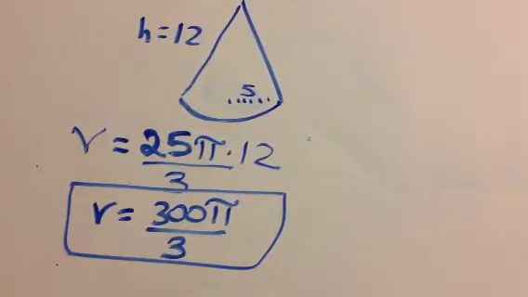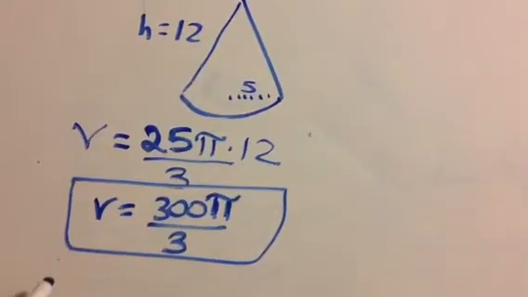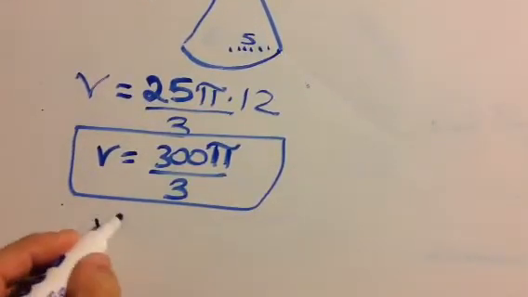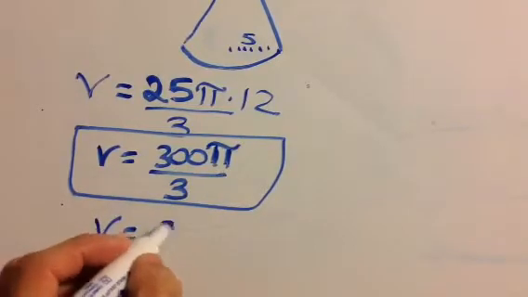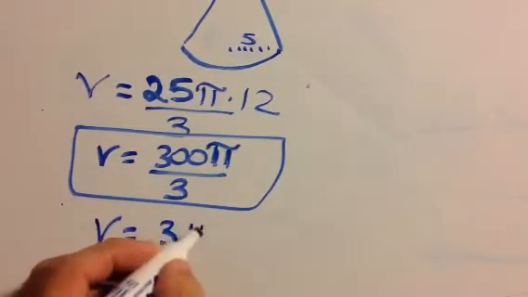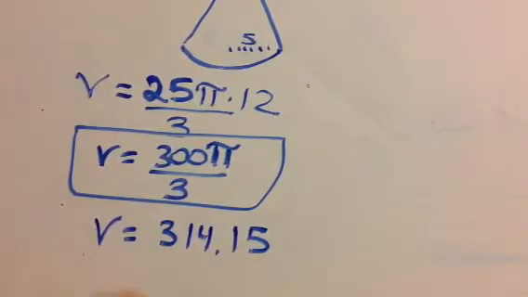If they told you to estimate pi, you can do 3.14. But you can just press the symbol pi on the calculator. So if we did that, the volume is going to be 300 times pi on the calculator, which gives us basically 314.15 continuing. It's about that. That'll be our answer.